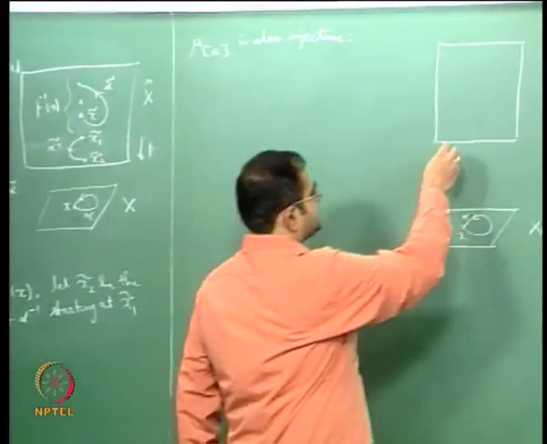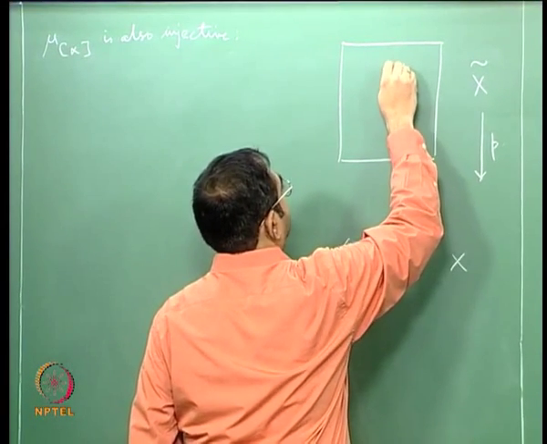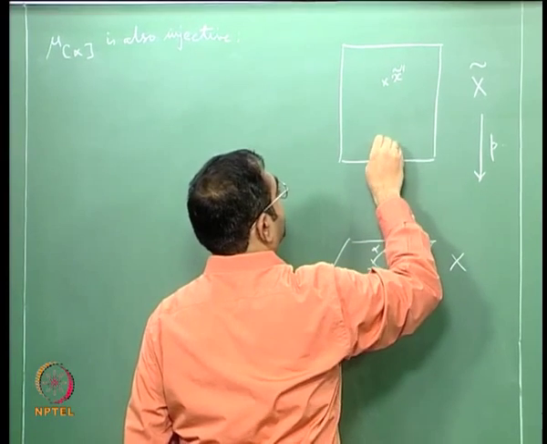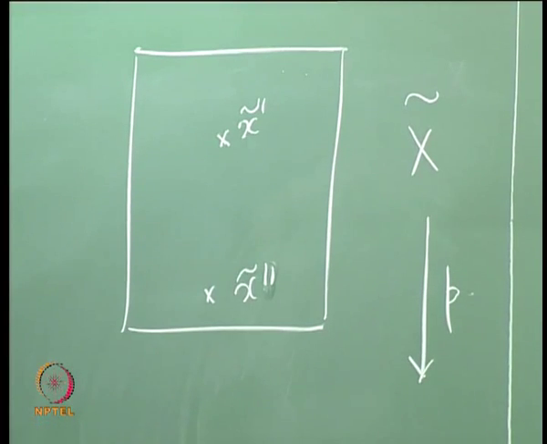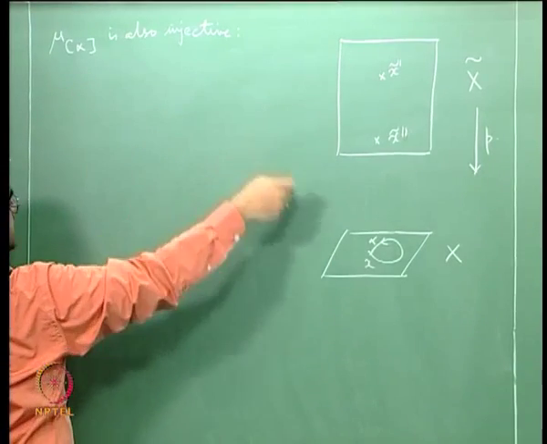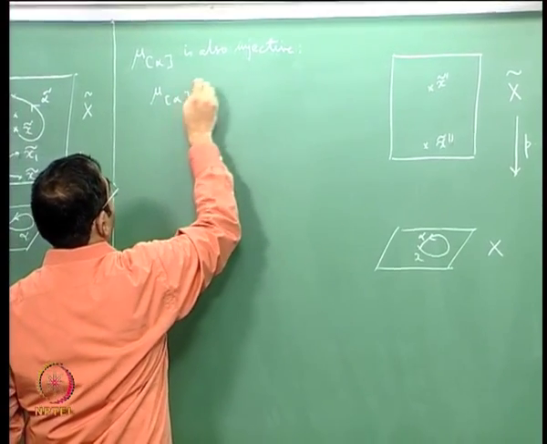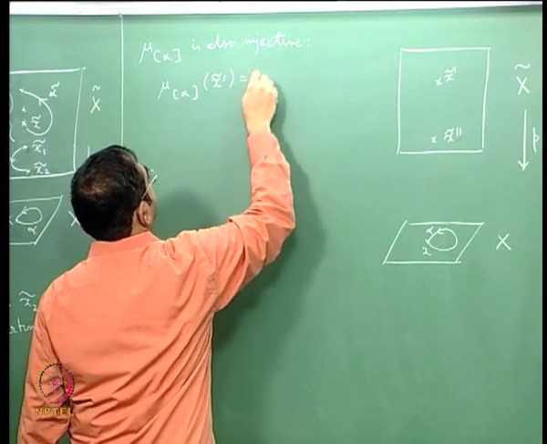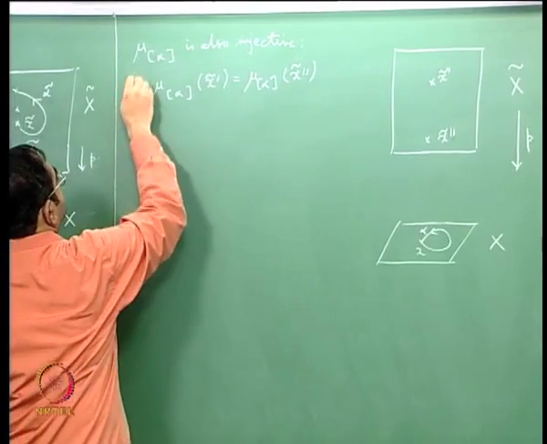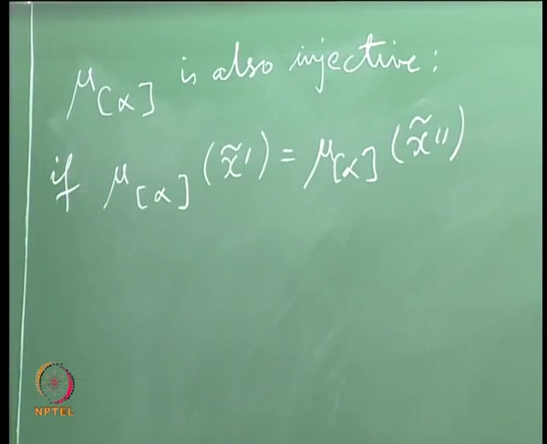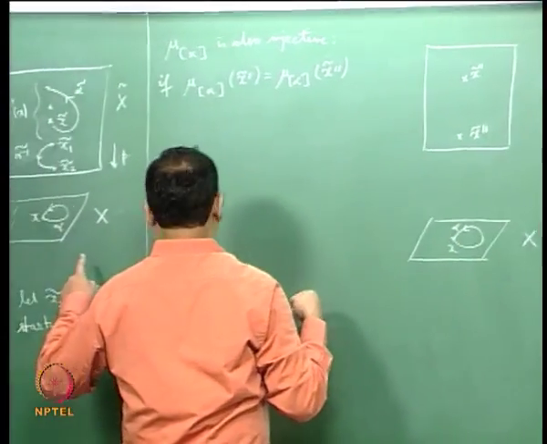So suppose I have a point x prime tilde and another point x double prime tilde, and suppose they go to the same point under this map, that is, mu sub alpha of x prime tilde is equal to mu sub alpha of x double prime tilde. If you assume this, let us see what it means. So what is the way this map goes?